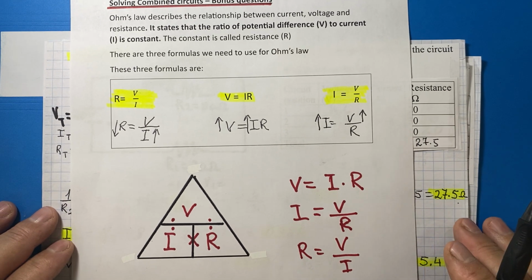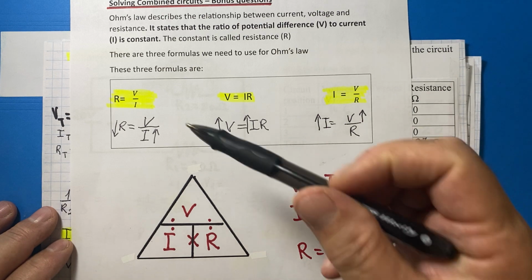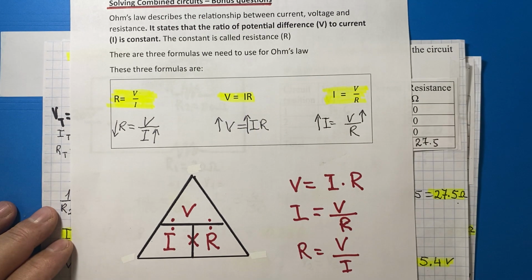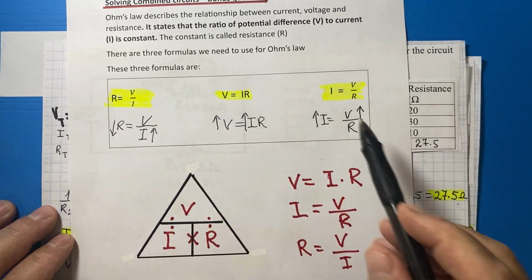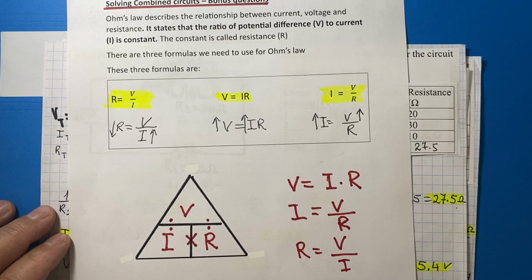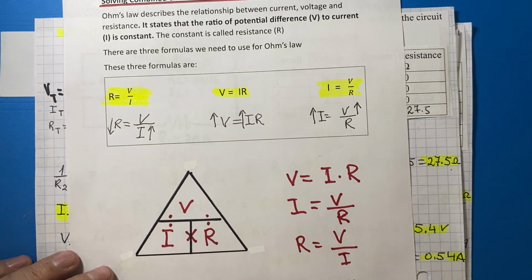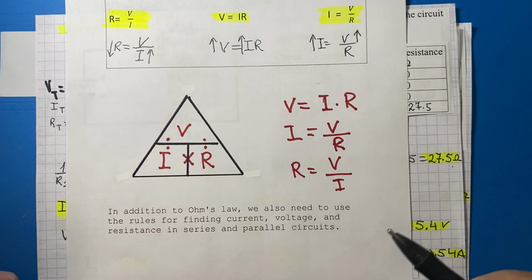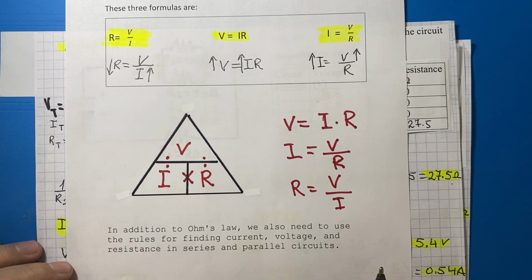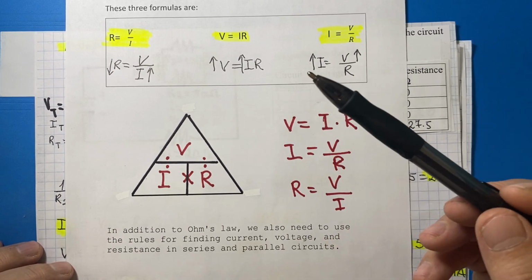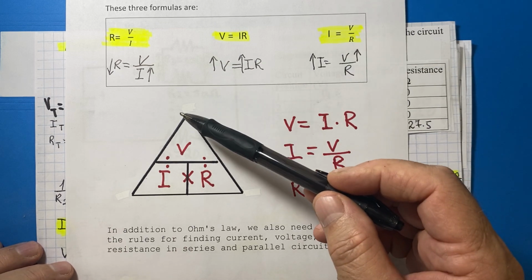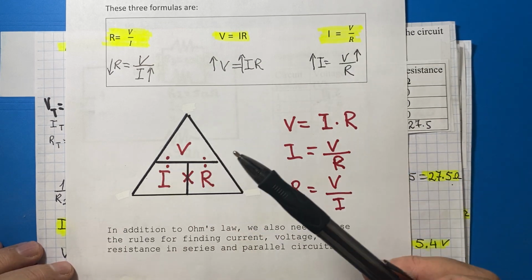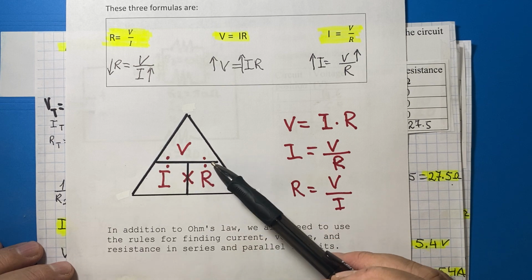Ohm's law states that the ratio of potential difference V to current I is constant. There are three formulas we use to solve combined circuits. In addition to Ohm's law, we also need to use the rules for finding current, voltage, and resistance in series and parallel circuits. To remember Ohm's law, you might use this triangle, with voltage at the top.